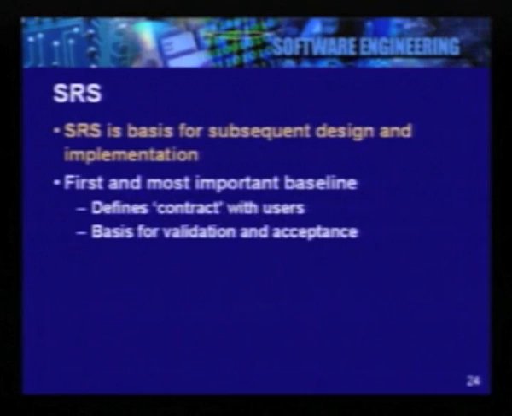You can think of it as defining the contract between the developer and the user. It is going to be used as a basis for validation as well as for final acceptance of the software for the user. So, it is a very important document and must be extensive in terms of defining what the system would do for the users.